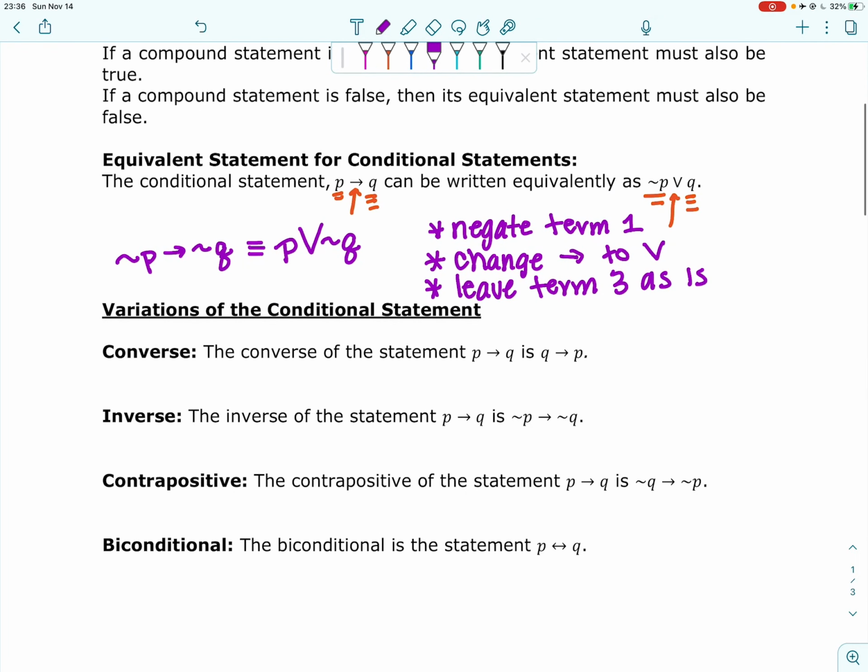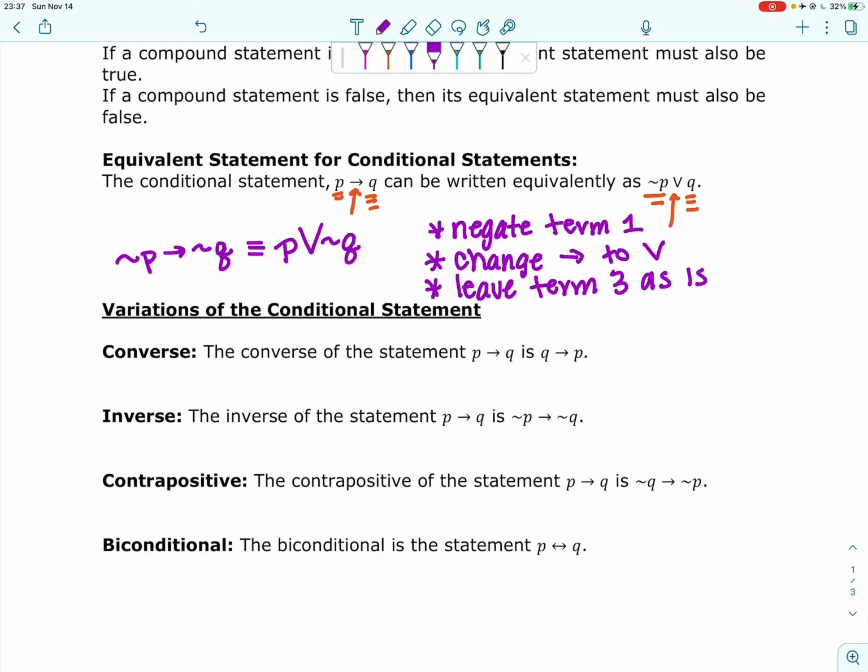We also have variations on the conditional statement, different ways of wording the conditional statement. They don't always mean the same thing, but they're variations on it. The first one we have is the converse. The converse of the statement if P then Q is if Q then P, so you just flip-flop them. The inverse is not P, then not Q, so you negate each term.